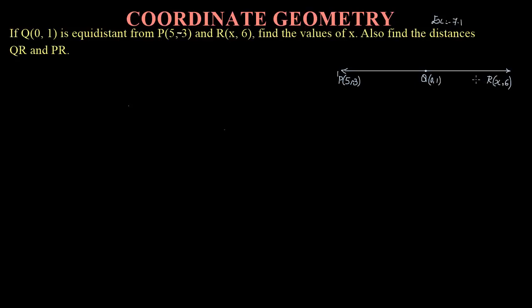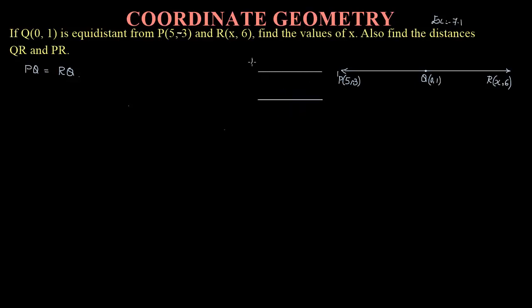You can please watch the previous video as well for the better understanding, right? So let me just find the distance between these two. Let me just equate it directly. If I am talking about the distance PQ, because these 2 distances are equal, PQ is also equal to RQ, right? So let me just draw the 2 lines for better understanding.